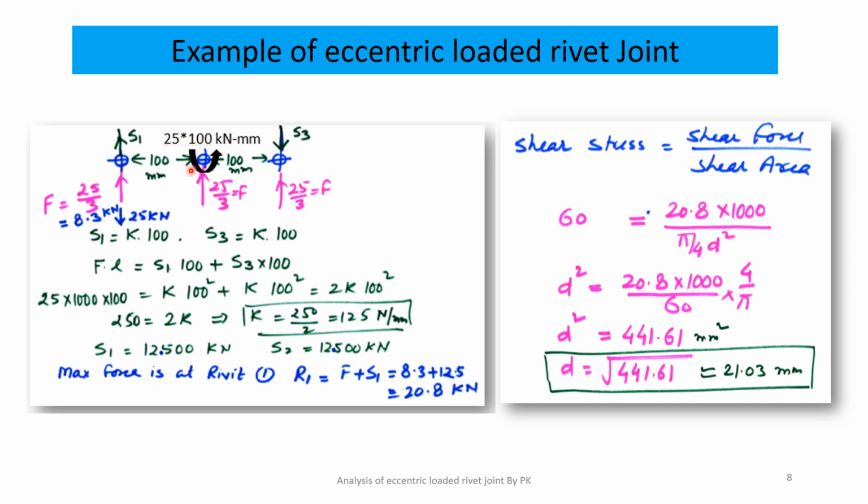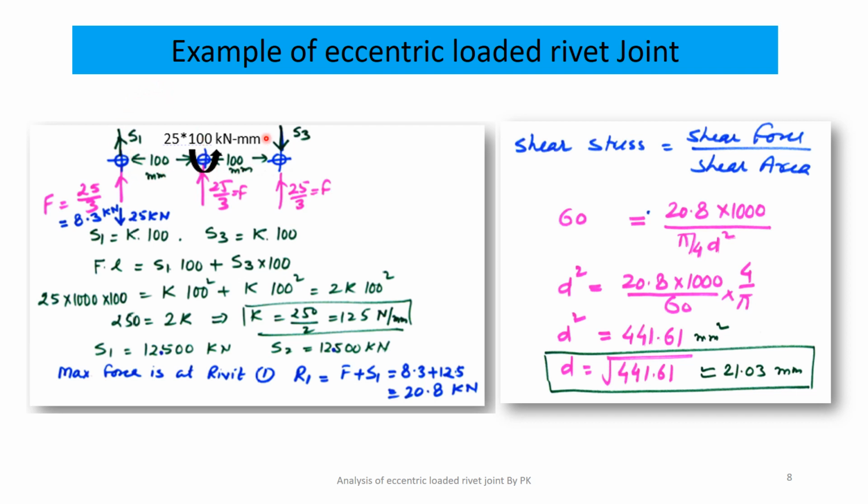Because of this couple due to the external force, there should be a resisting couple acting in the clockwise direction which tries to balance it. To make a clockwise couple, the force in rivet S1 should be in the upward direction, and the force in rivet 3 should be in the downward direction basically. So the couple of S1 about this CG is in the clockwise direction, that is S1 into 100.